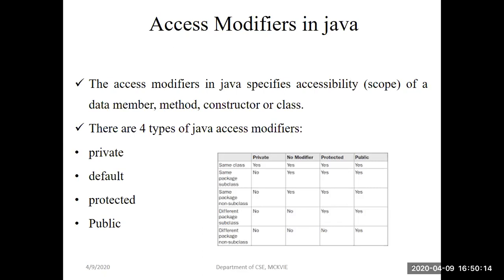But if you set it public, it is accessible from anywhere. Own package, own class, own package subclass, own package non-subclass, other package subclass, other package non-subclass, all are true if you set it as public. So that is the difference between the access specifier public and no access specifier, that is, default access specifier.